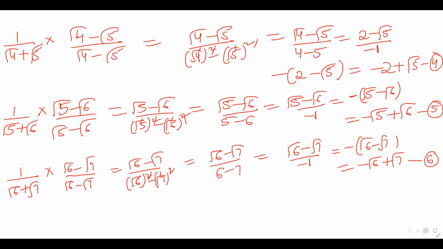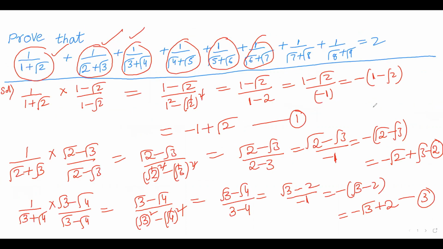Let's go to the seventh term. Let's see what the seventh term is: root 7 plus root 8. Let's rationalize it, multiplying with root 7 minus root 8.